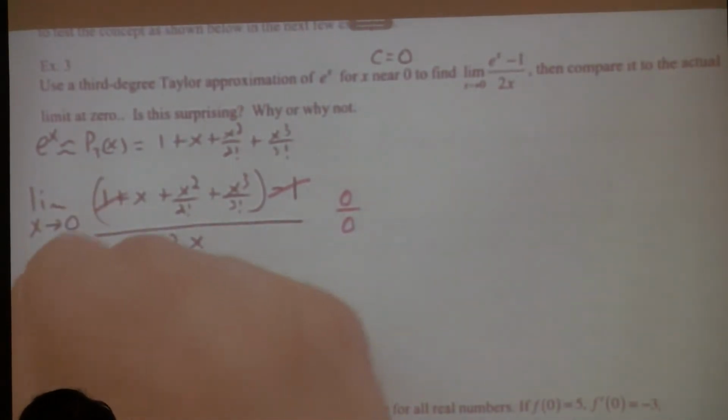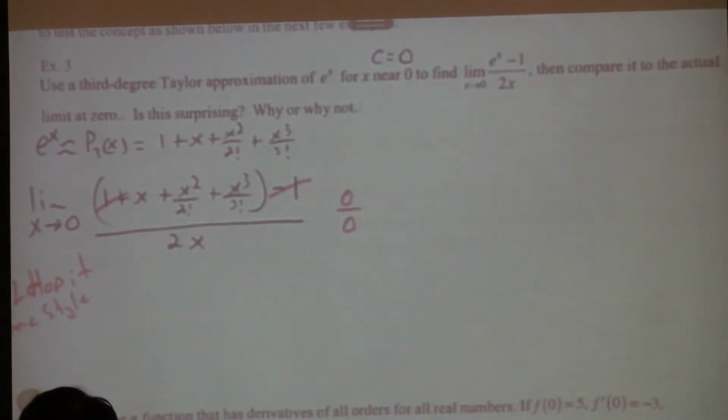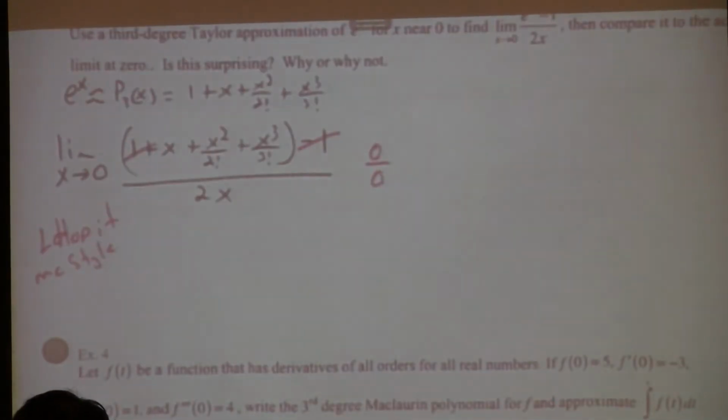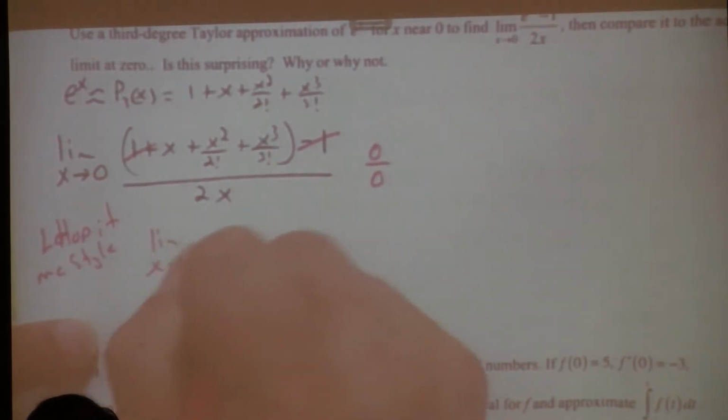Now we're going to do it MC style. So we're not going to show all that stuff, but know that you're supposed to on free response. So we'd end up with the limit as x approaches 0.